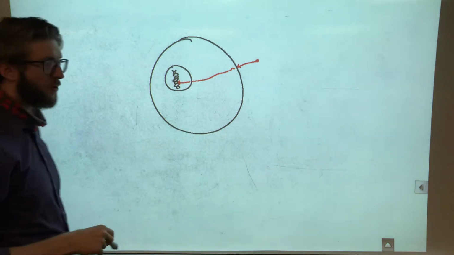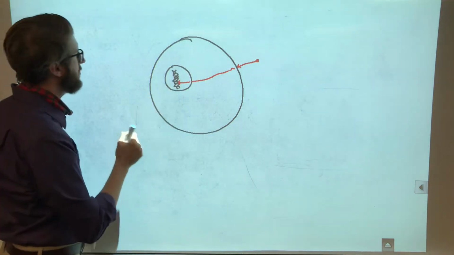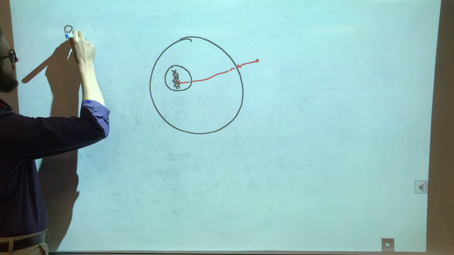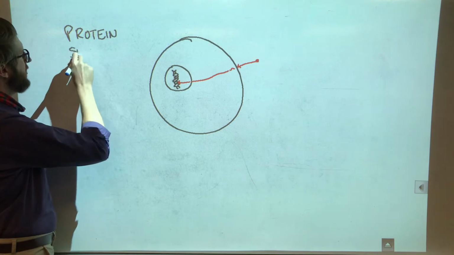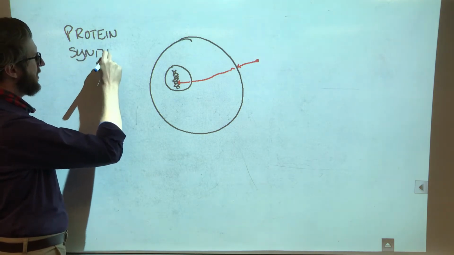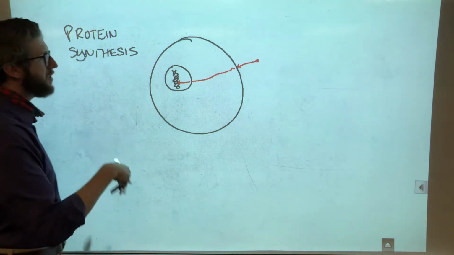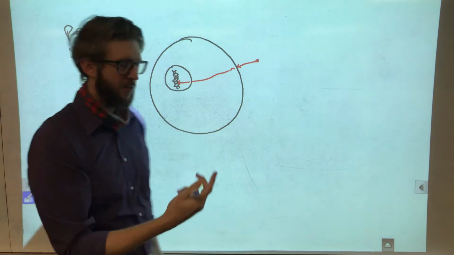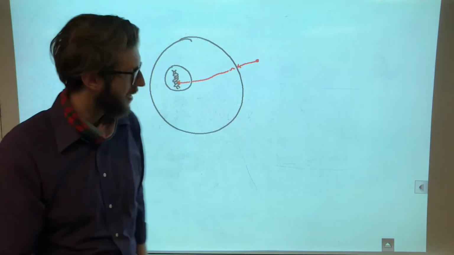And if you'll remember from a previous lesson, what starts off in the nucleus is the process of protein synthesis. If you don't remember that, you need to go back and watch the video on protein synthesis. In protein synthesis, DNA has the instructions for how to make proteins in your body.